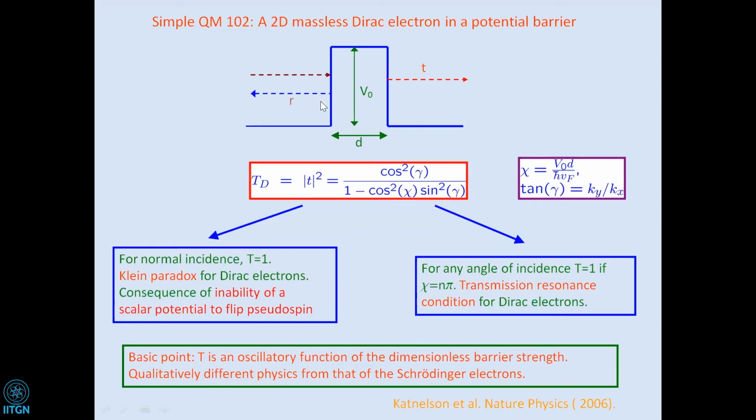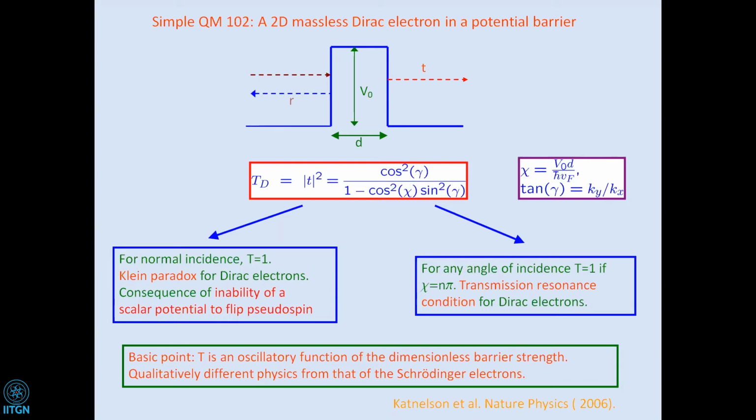Now, if the electron gets scattered from this barrier, its direction of motion is reversed, which means that its pseudo spin, which must point along its direction of motion because of the helicity property, must get flipped. However, this electron that I have put in has equal value of V naught on A or B sublattice, which means that in pseudo spin space, that is in the AB space, it's a scalar potential.